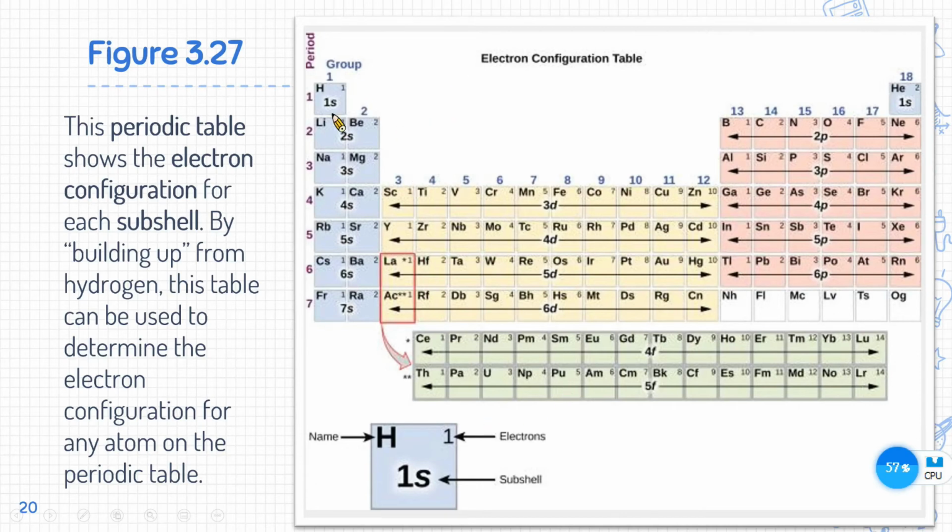As you can see, here is the electron configuration: 1s, 2s, 3s, 5s, and here 2p, 3p, 4p, 5p, 6p. Here the transition elements 3d, 4d, 5d, 6d, and the inner transition elements 4f and 5f.